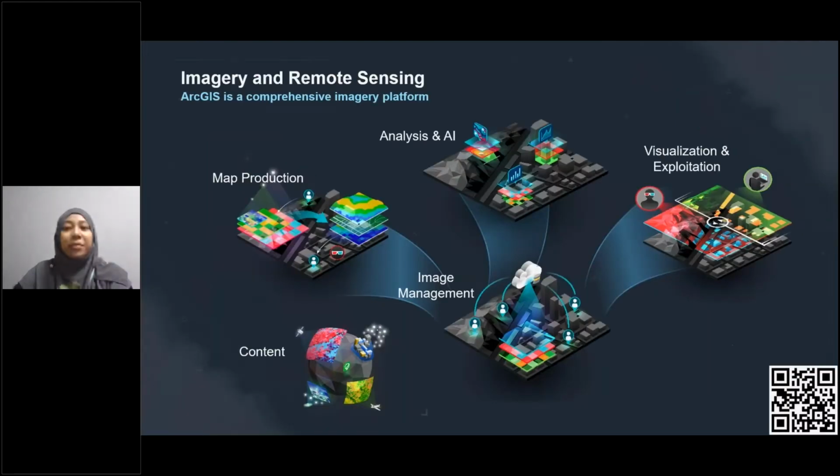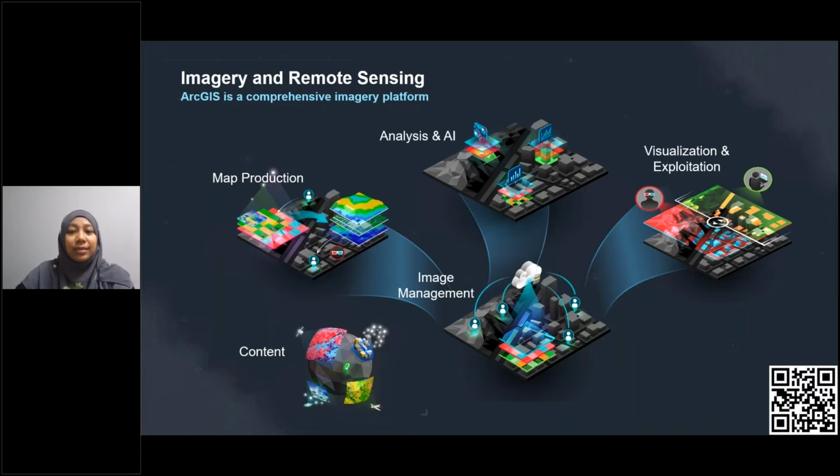So, I'll start this presentation by giving a very brief overview of the extensive capabilities of ArcGIS. This diagram summarizes how ArcGIS is a comprehensive imagery platform. ArcGIS supports all forms of content from different sensors, formats, and modalities that you may have in your organization.